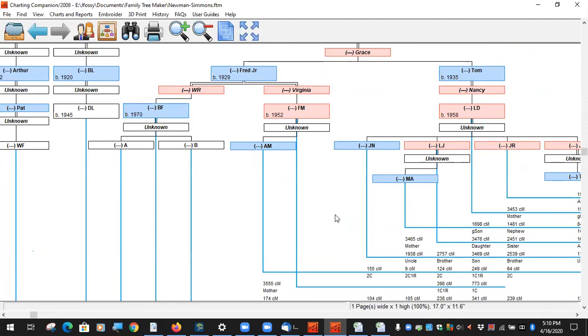And that's the same thing also if you've got endogamy, because you're going to get artificially higher values.